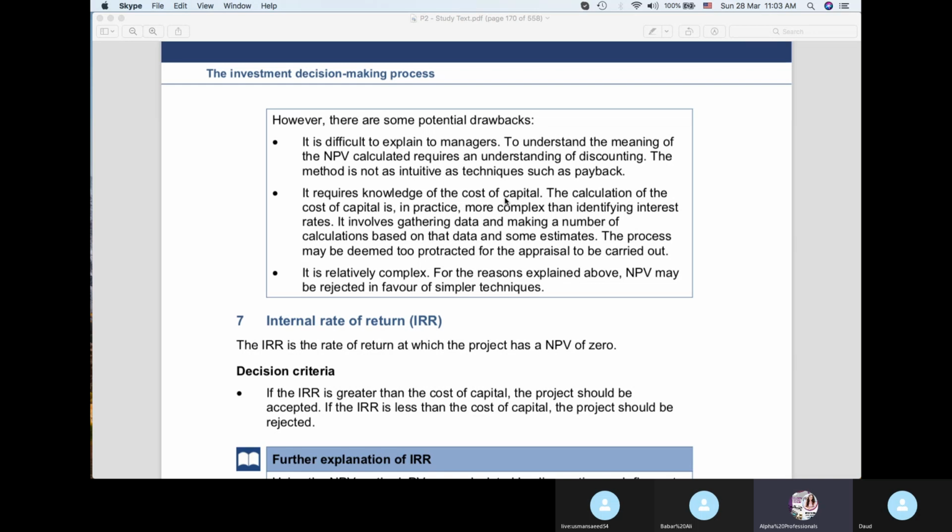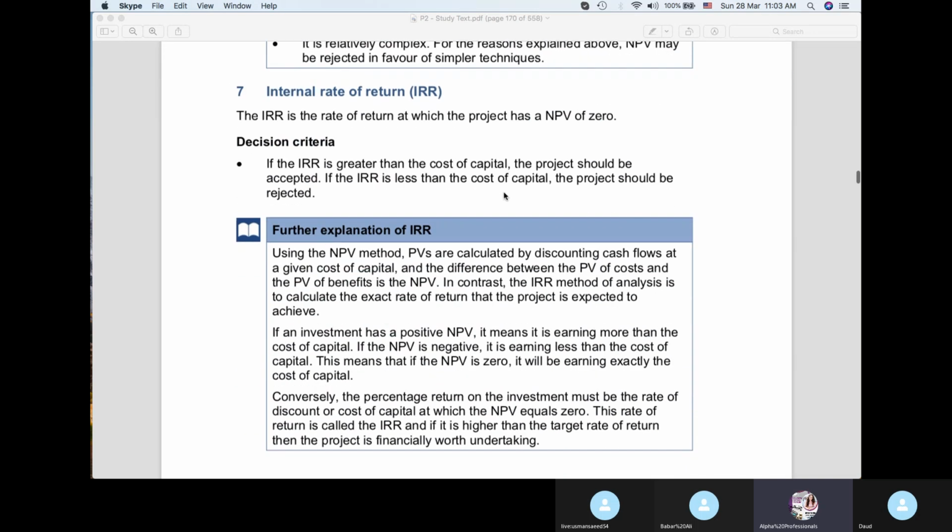Now we will come down to the internal rate of return. Internal rate of return is the discount rate at which your NPV becomes zero. So if your NPV becomes zero at a 12% discount rate, it means that your required rate of return should not be more than 12%.